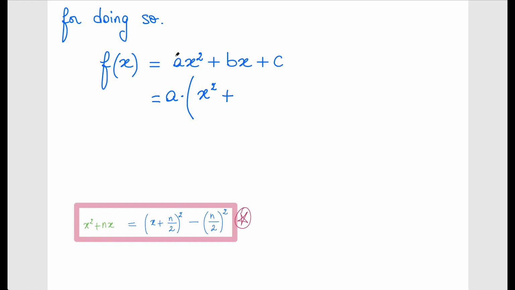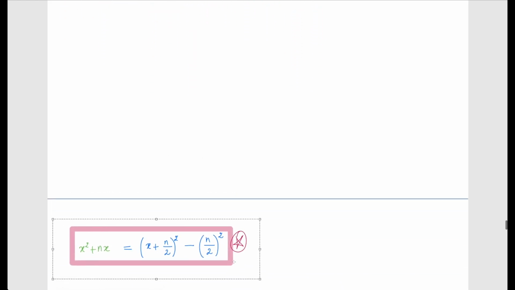If you divide a by a, you get a 1, the desired one. And if you divide b by a, you get b over a, right? x plus c. So who's the green guy here? That's the green guy, right? Now the question is, who's n?